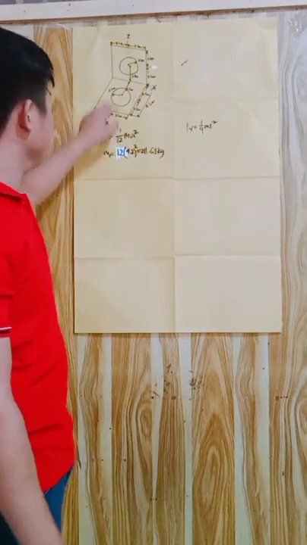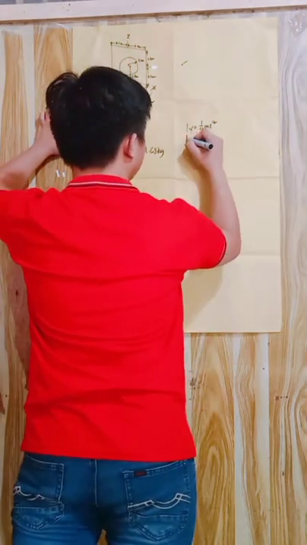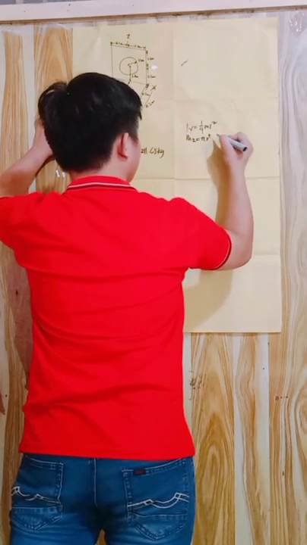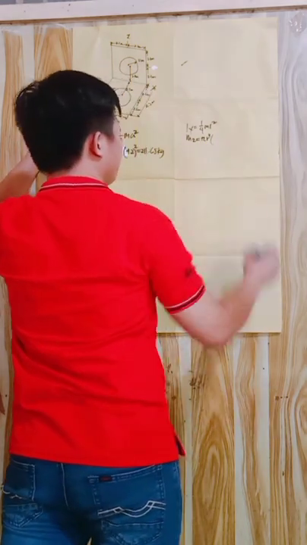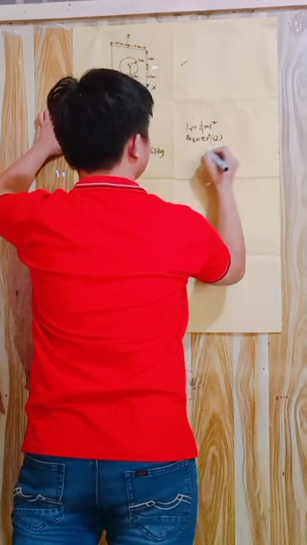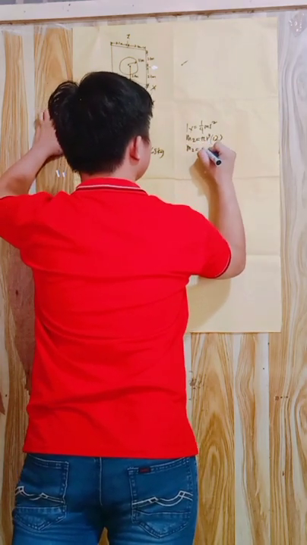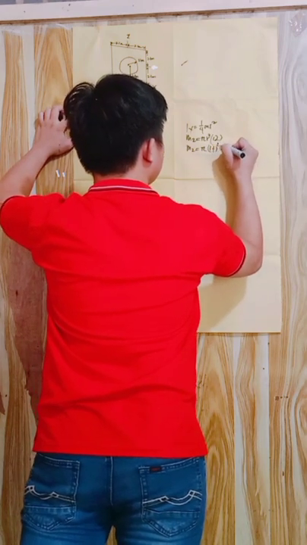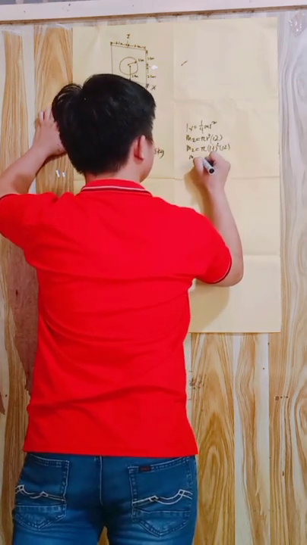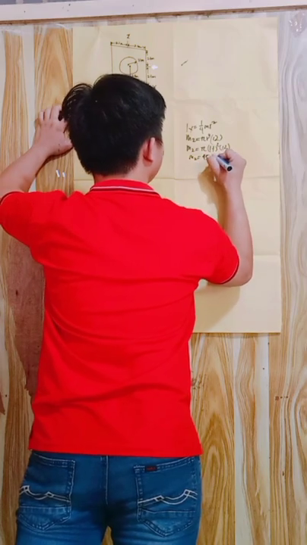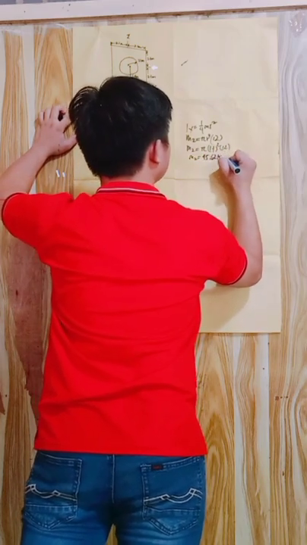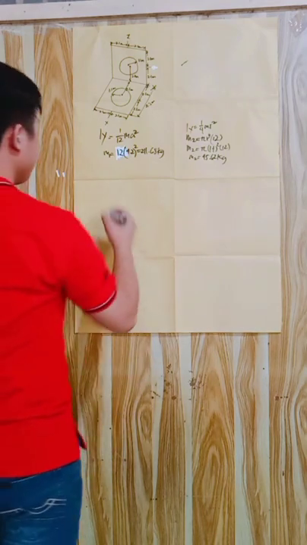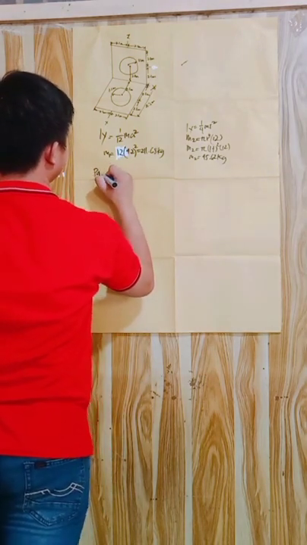And for the mass of this circle, we have pi r squared multiplied by 12. Mass 2 is equal to pi times 1.1 squared times 12, which is equal to 45.62 kilograms. And then, we will use the parallel axis theorem.